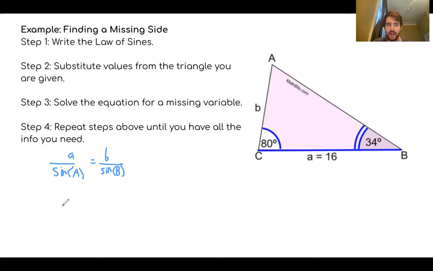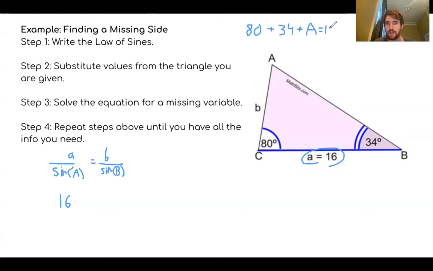Now we have little a, it's 16. Right over here. But what is sine of A? Now this is where we can use the fact that the angles in a triangle add up to 180. So we've got 80 plus 34 plus A equals 180.